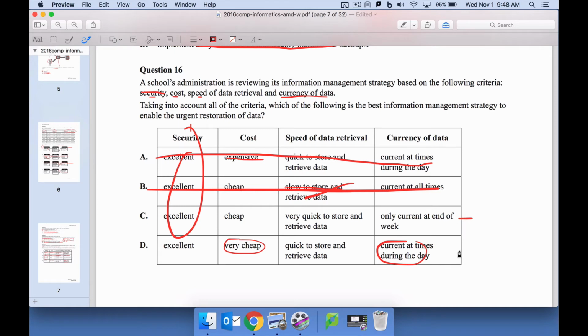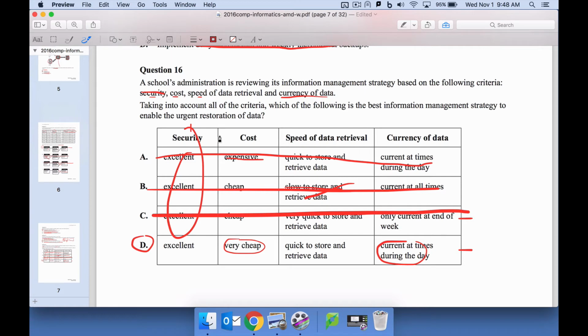Whereas if I was marking the roll on Compass in this scenario, you would see it at times during the day. So if I marked you present for English, session 1, you could see that straight away pretty much during the day. Whereas if I did it up here, you wouldn't see that you were absent or present until the end of the week. So the answer is definitely D, this one. And we can cross this one off.